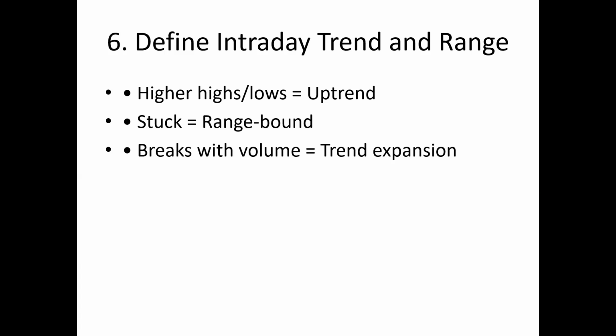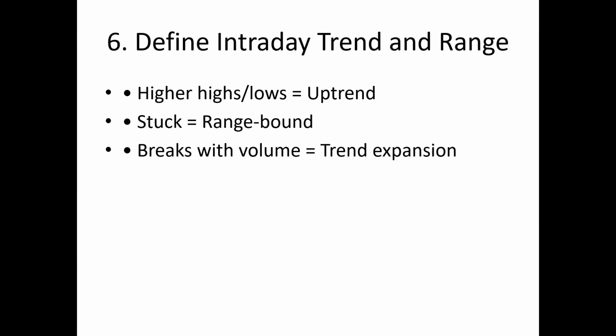It was stuck between the day high and day low. Finally, it broke below the day low and closed inside the range. So if it is stuck in a range, you can make that out also. If it breaks with volume, you can identify trend expansion also.